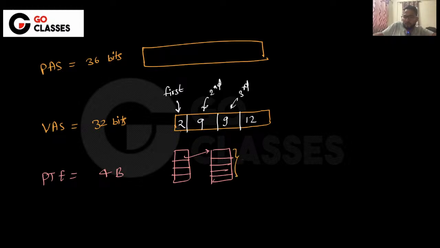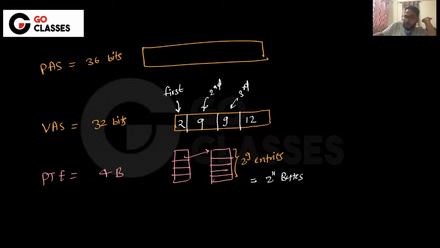It is pointing to something which has 2 power 9 entries. Now can you convert that to number of bytes? You just multiply these two, 2 power 9 into 2 power 2, which is 2 power 11 bytes. So it is pointing to something which has 2 power 11 bytes. Is this clear to everyone?